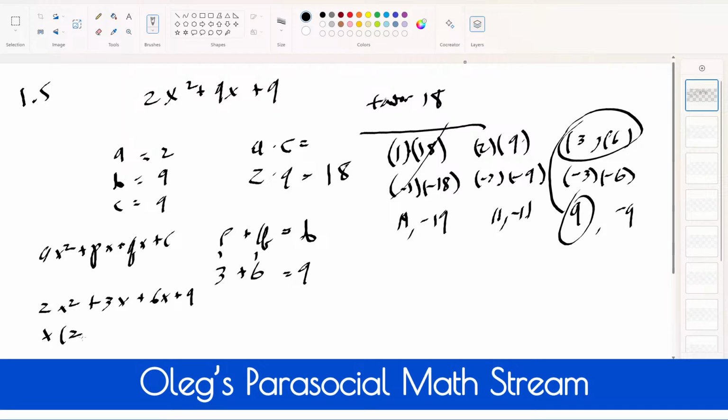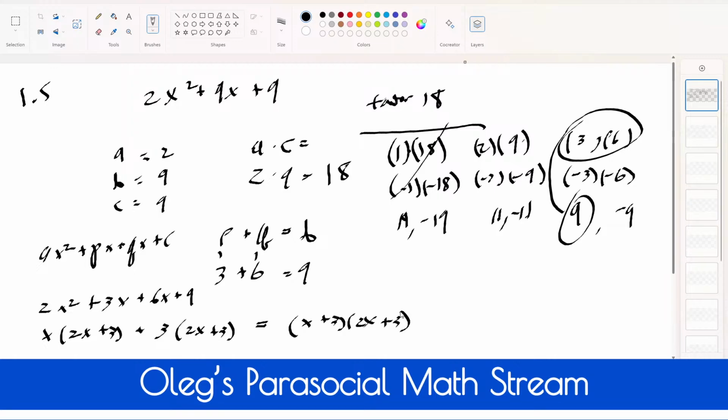So that's going to be 2x plus 3. And then in the second part, we can pull out the 3, times 2x plus 3. And finally, we have x plus 3 times 2x plus 3.